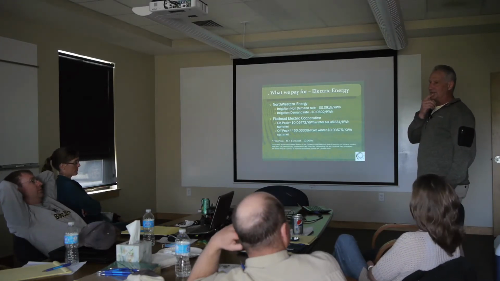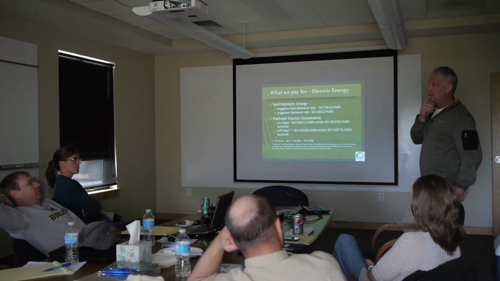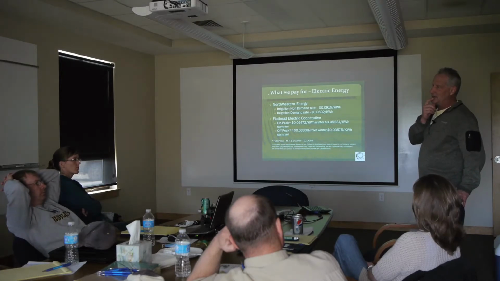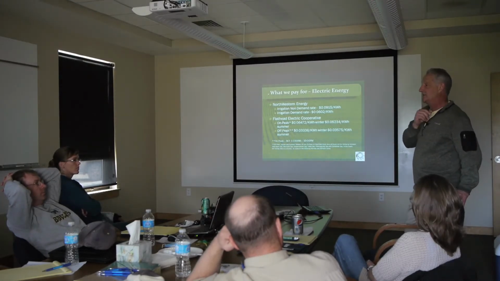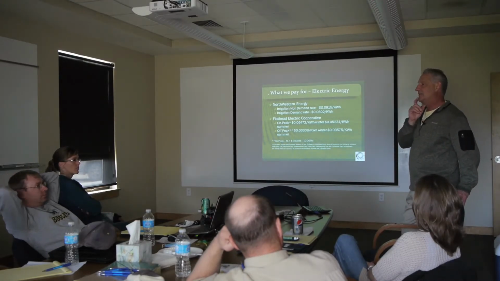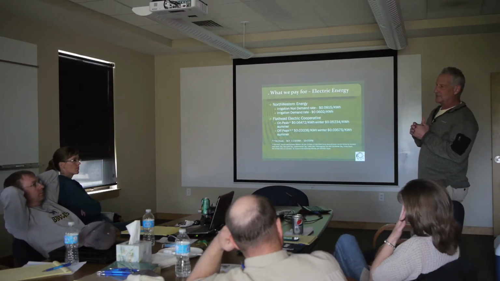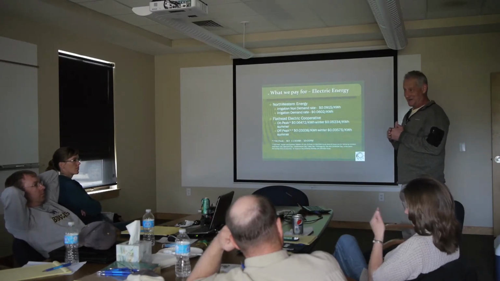Yeah, in California, they love inclining block rates. And I worked with a customer in California. He said, I want to put in solar electricity, but I want it to be cost effective. It has to pay for itself. And so it happens that in Pacific Gas and Electric territory, the highest rate is 35 cents a kilowatt hour.